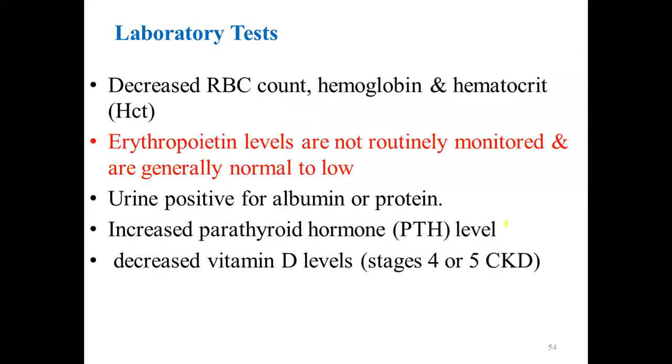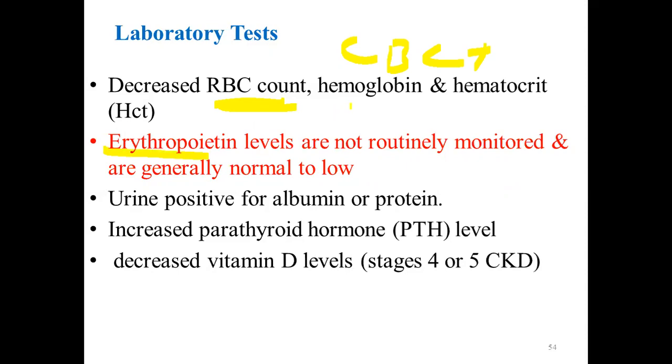Okay, then you need to do a complete blood count. CBC measurement is very important, because chronic damage affects the erythropoietin level, and the patient will have reduced RBCs. Mostly they don't really measure the erythropoietin level in our setting.